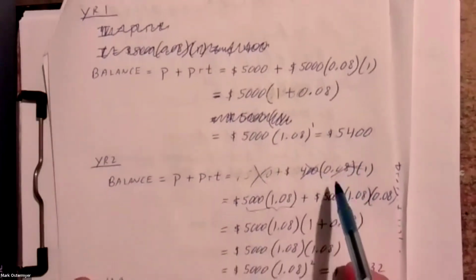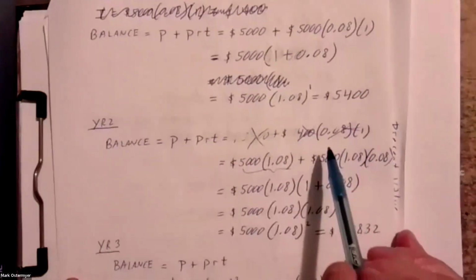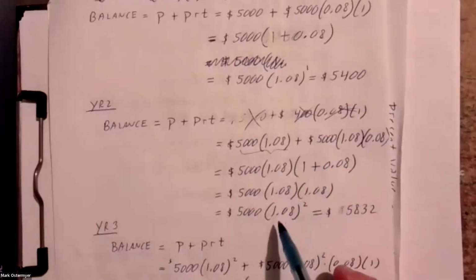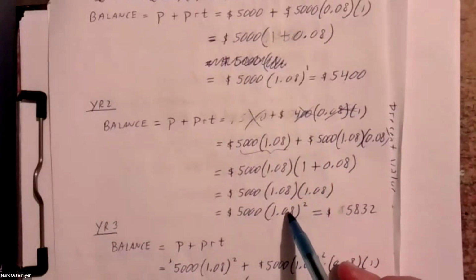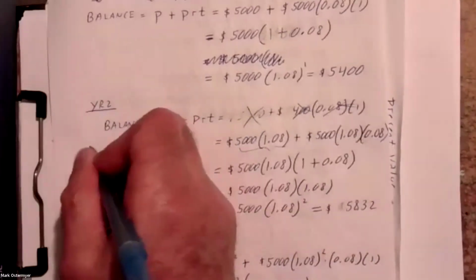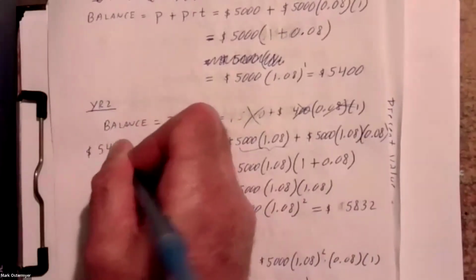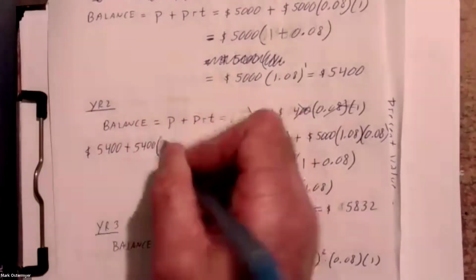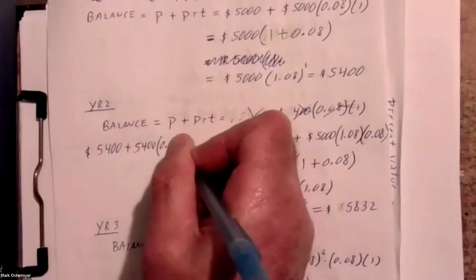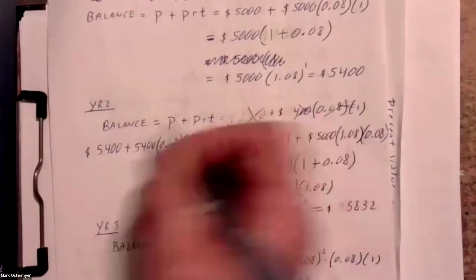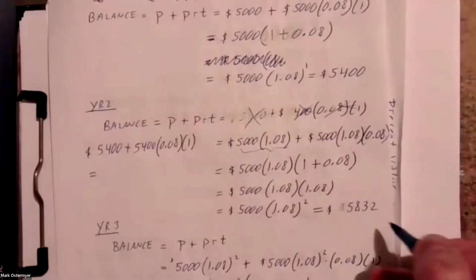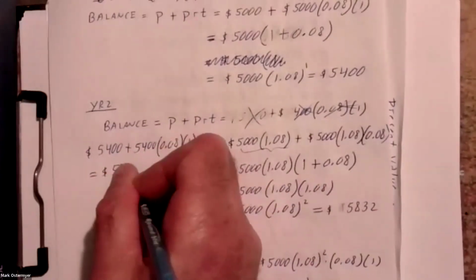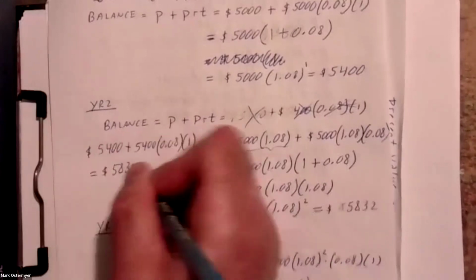Year number 2, we carry the new updated balance into the 2nd year, and it is going to earn during the 2nd year some more interest. And at the end of the second year, the new balance will be $5,832, I believe.